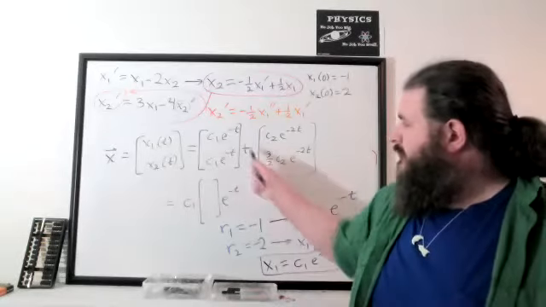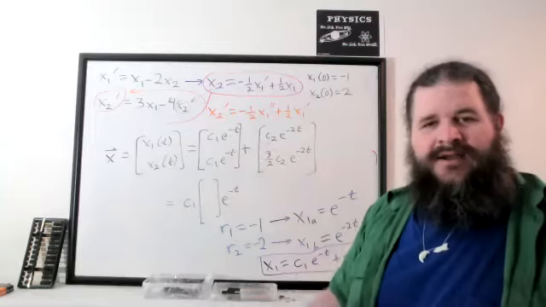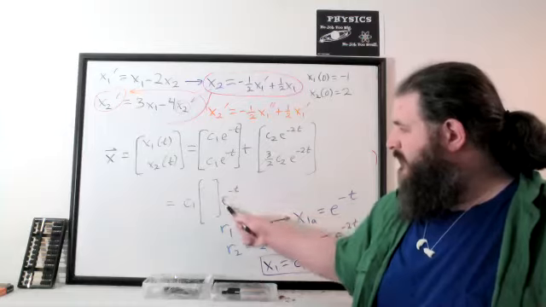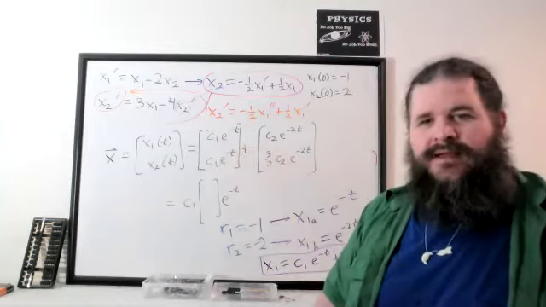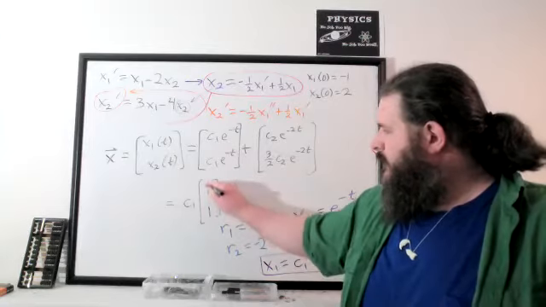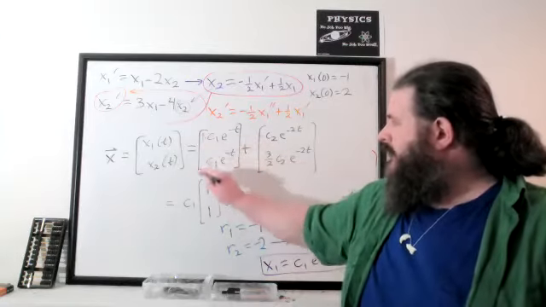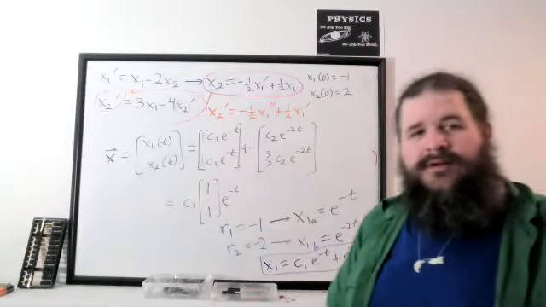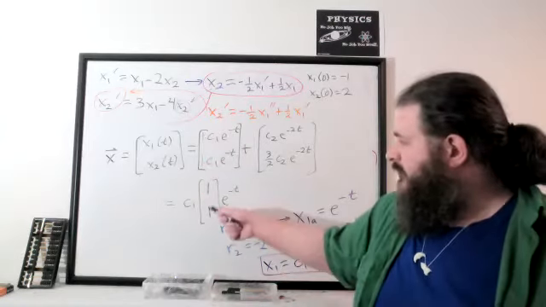We factored out the e to the negative t also, so what's left there? What number would have to go here for this times this times this to equal this? Yeah, just 1. And same thing here, just 1. Because you could think of this as 1 times c1 e to the negative t, 1 times c1 e to the negative t. Factor out the c1 e to the negative t, you're left with just the vector 1, 1.